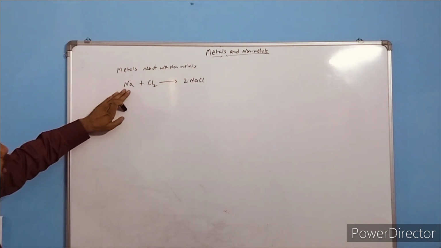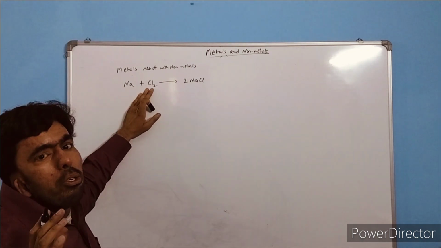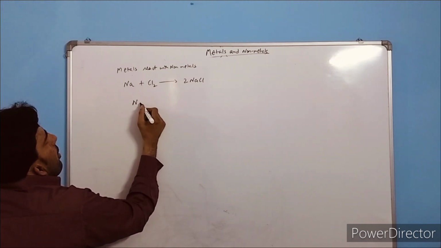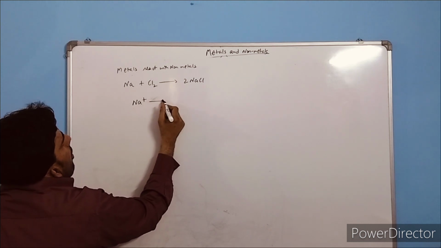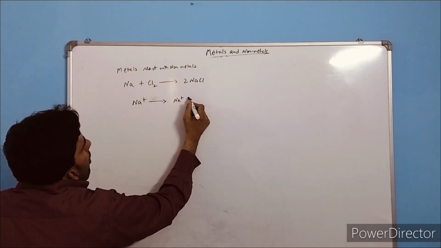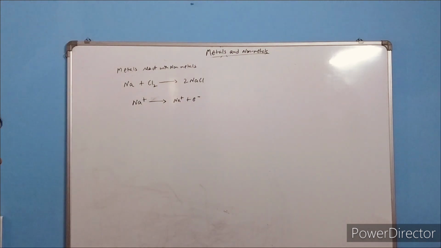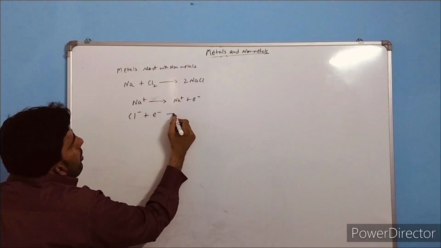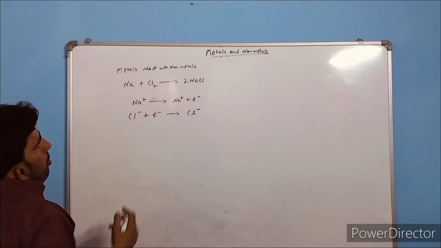Here, sodium is a metal and chlorine is a non-metal. Sodium will lose an electron, whereas chlorine will gain an electron.